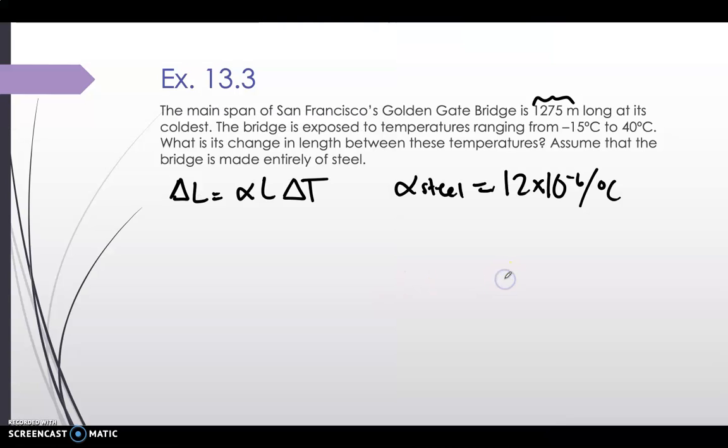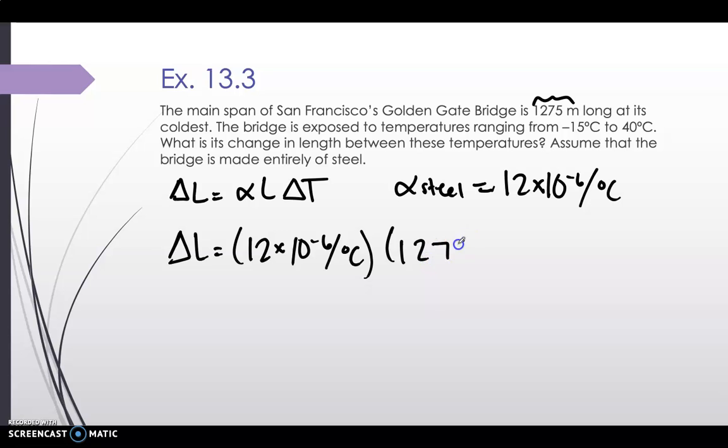Okay, all right, so our delta L is going to be equal to our alpha that we found, 12 times 10 to the negative 6 over degrees Celsius, times our length, which is going to be 1,275 meters, times our change in temperature, okay?